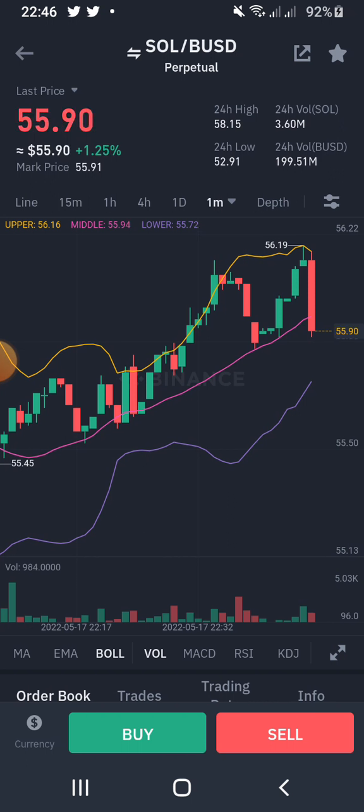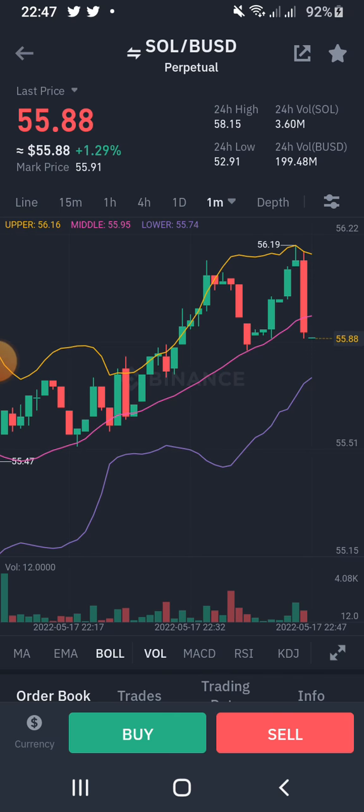In any case, you want to know that futures trading is very risky. It has more risk compared to spot trading, and one of the major factors that makes futures trading risky is that it gives you the opportunity to utilize leverage. Leverage gives users the opportunity to amplify their gains as well as their losses.